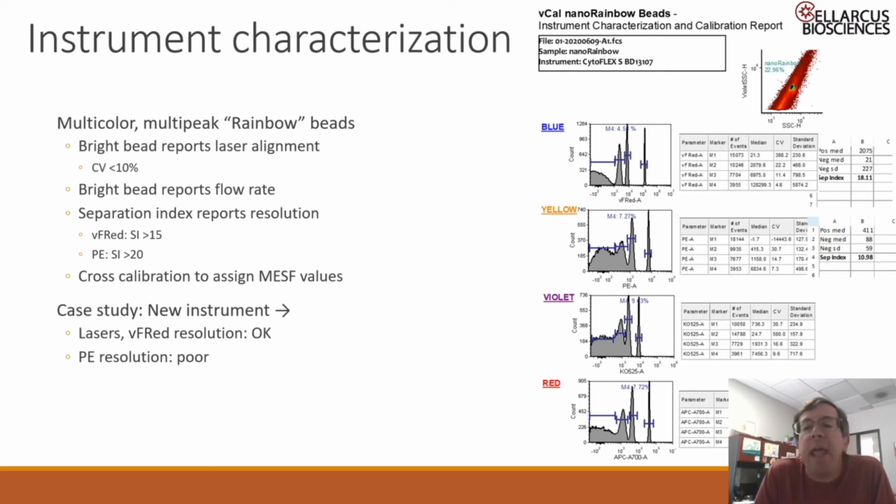We've developed a set of 4 nano rainbow beads that are a little better tuned to the brightness range we'll encounter in EV analysis. And we use these beads to characterize several aspects of the instrument. We use the CV of the bright bead to report on laser alignment to make sure our lasers are well aligned across all lasers.